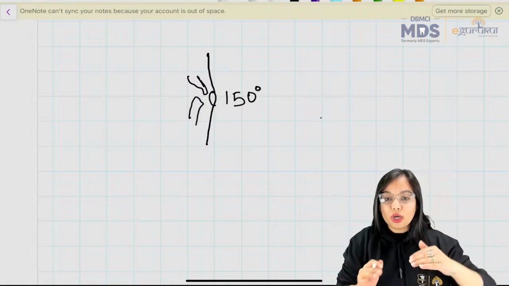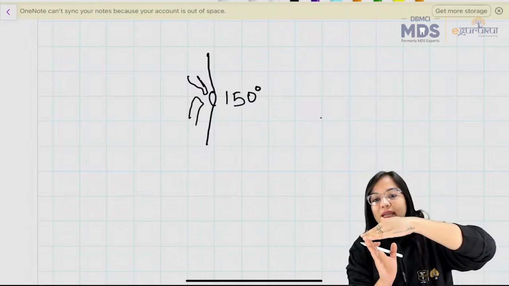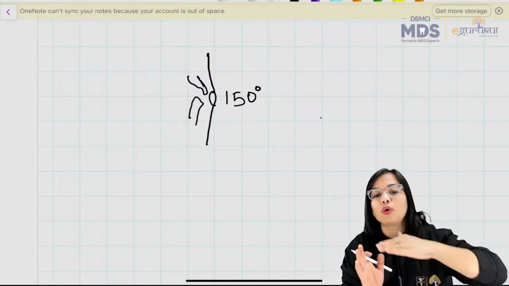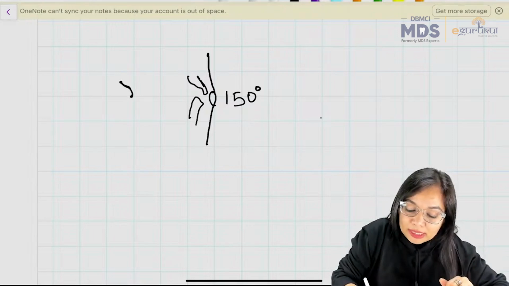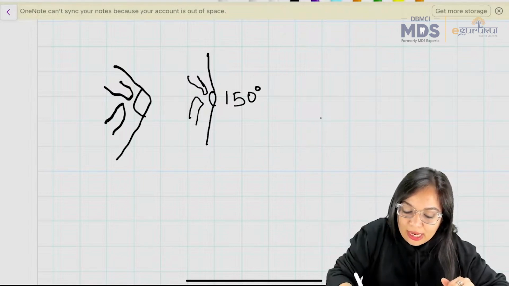So when the permanent incisors erupt, they erupt at a lesser angle. They erupt with a little more proclination. So the permanent incisors will probably erupt like this. I'm making really bad diagrams. Like this, and the angle becomes 123 degrees.